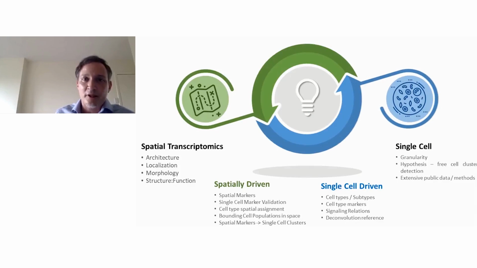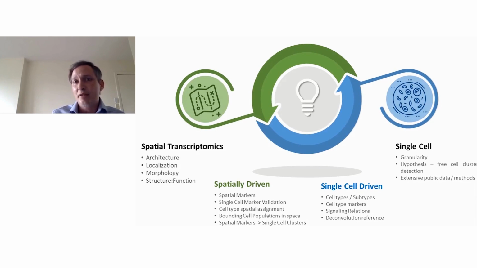I started with this slide and I wanted to close because having both for us has been a complete game changer. We get our cell types and our subtypes from the single cell. We get our markers very specific for our pathology.